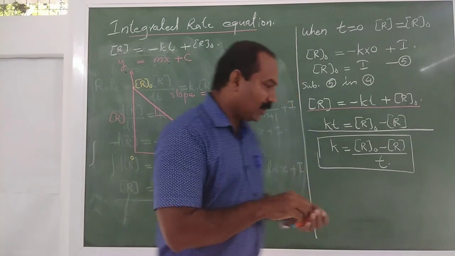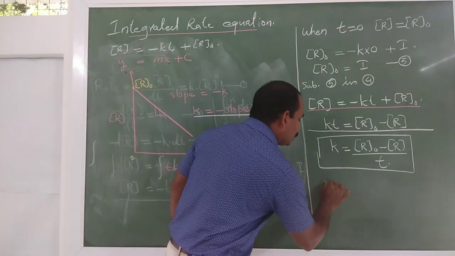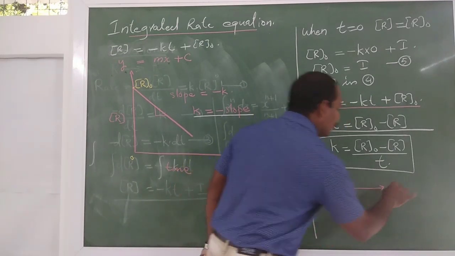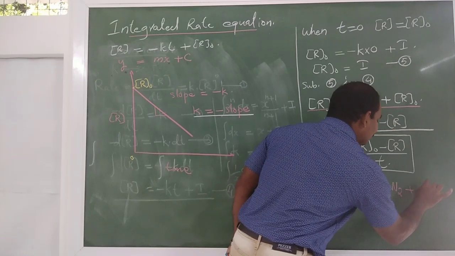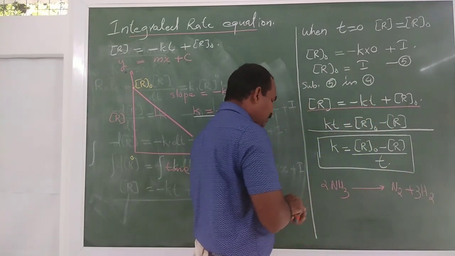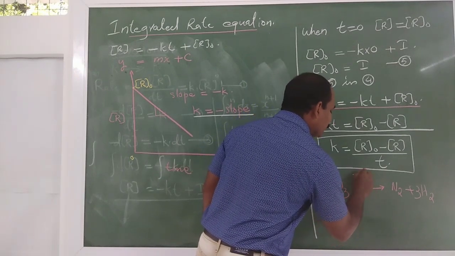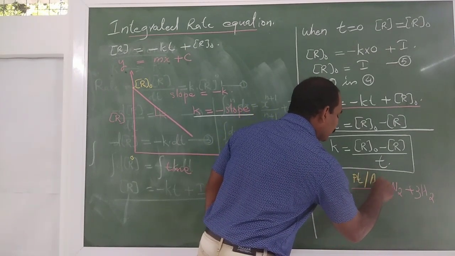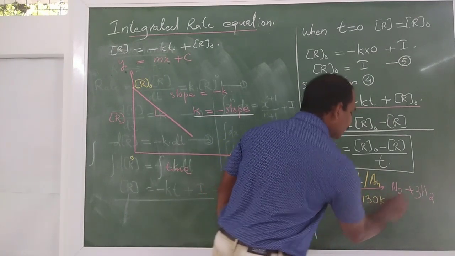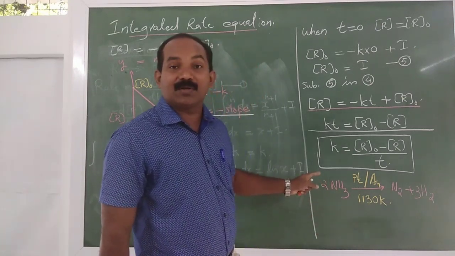I give the example by equation: 2NH3 gives N2 plus 3H2. This reaction occurs on the surface of platinum or gold at 1130 Kelvin. This is an example of zero order reaction.